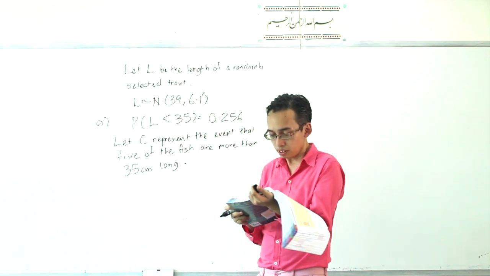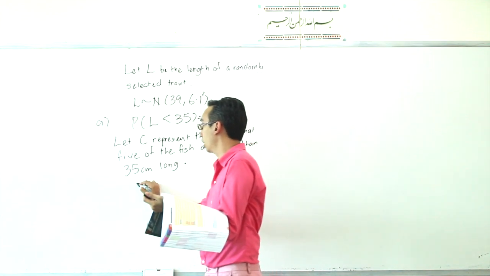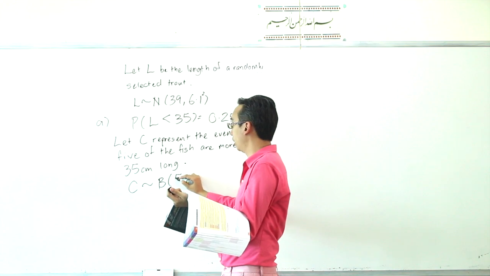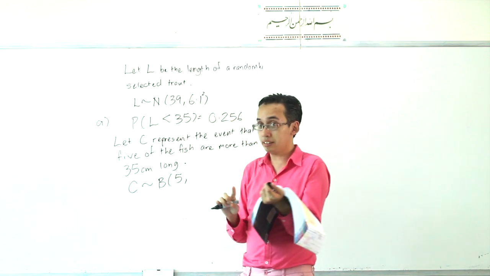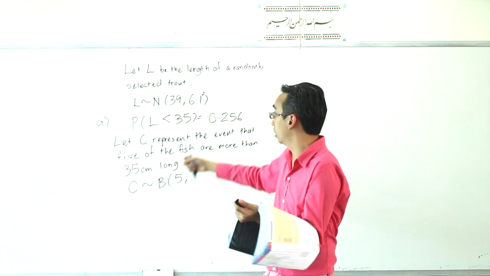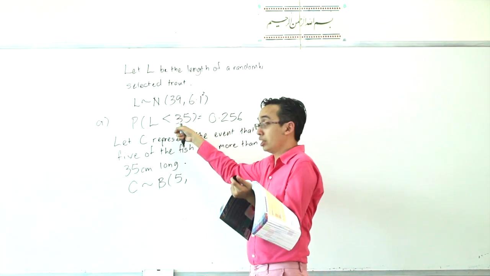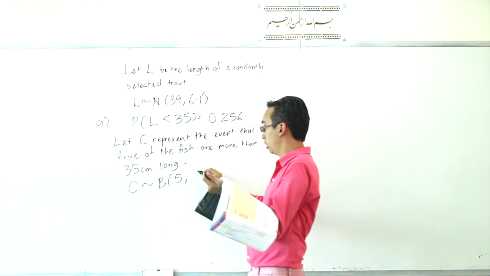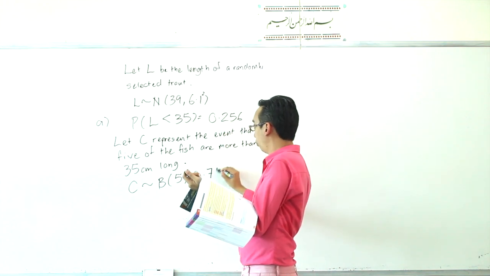So C follows binomial. The fixed number of trials is 5, but what about the probability? They want more than 35 cm long. Previously we calculated the probability of less than 35, so the probability will be 1 minus this particular value. So it's 0.744.